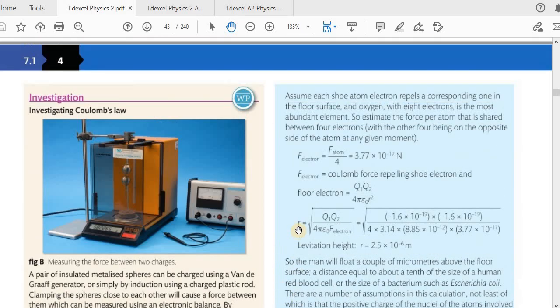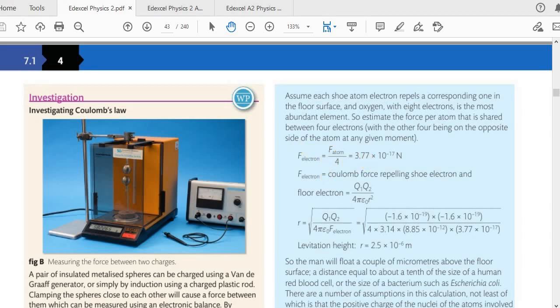Now let's continue. Assume each shoe atom electron repels a corresponding one in the floor surface, and oxygen with 8 electrons is the most abundant element. So estimate the force per atom that is shared between 4 electrons, with the other 4 being on the opposite side of the atom at any given moment.